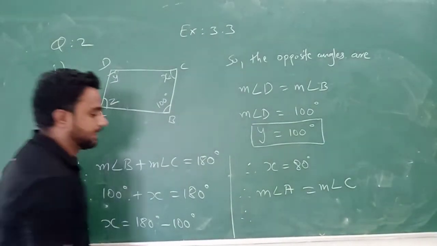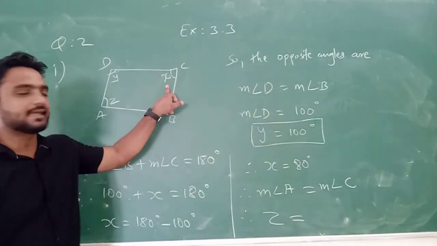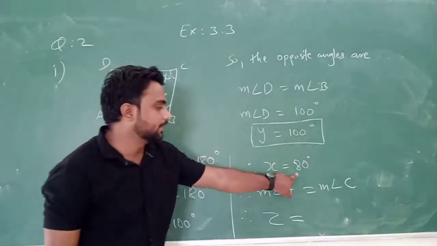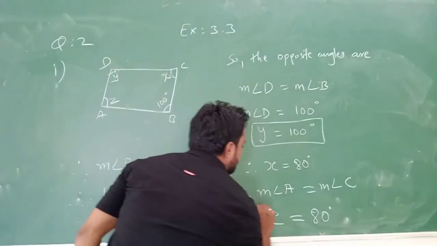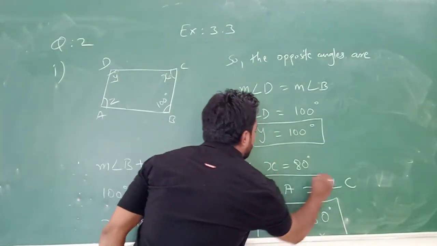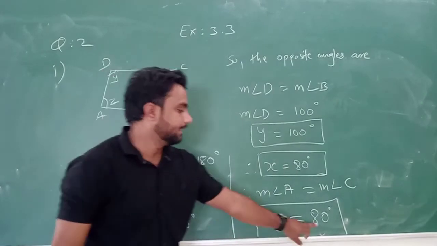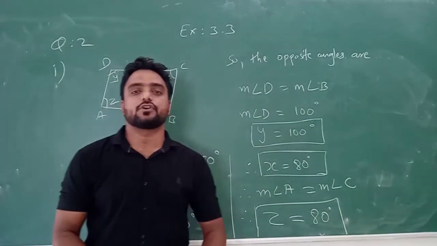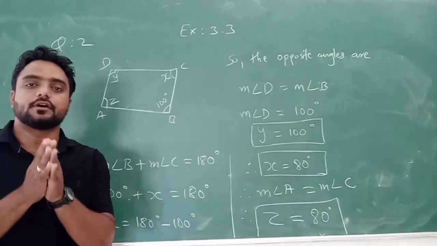That is z is equal to, and what is the measure of angle C? That is x. Okay, और x की वैल्यू कितनी मिली है मुझे? 80. So here we are obtaining all the three values. That is x 80 degree, z 80 degree, and y is equal to 100 degree on the basis of properties of a parallelogram.